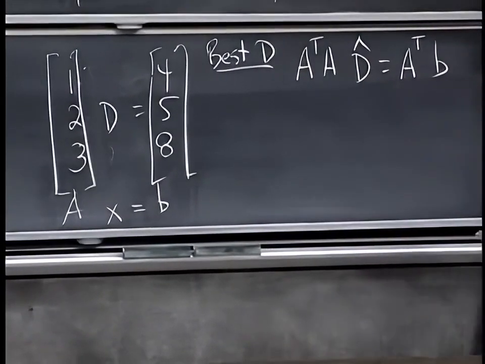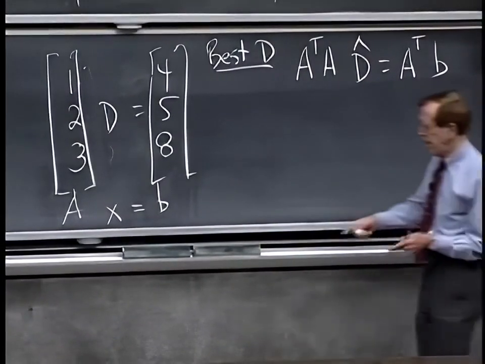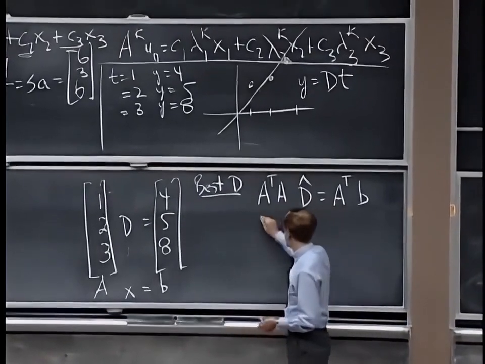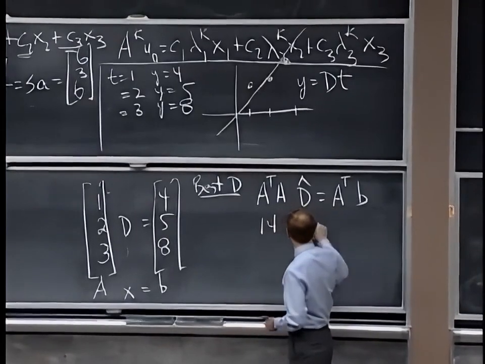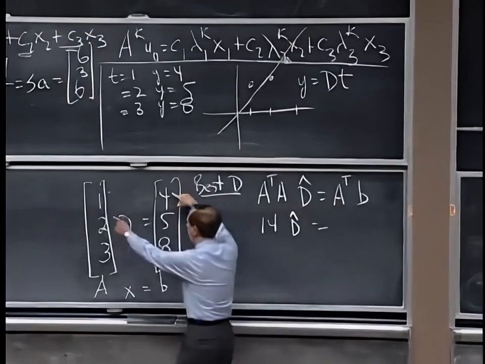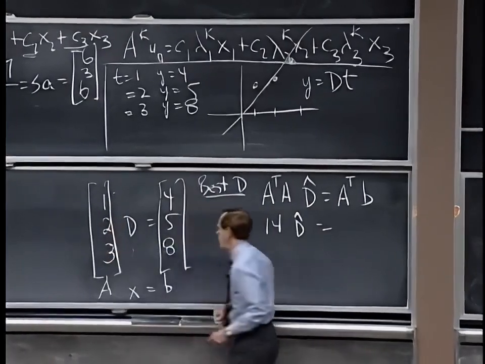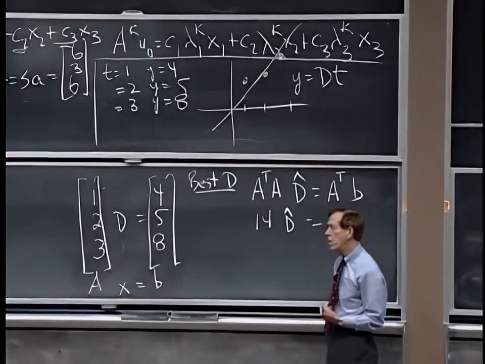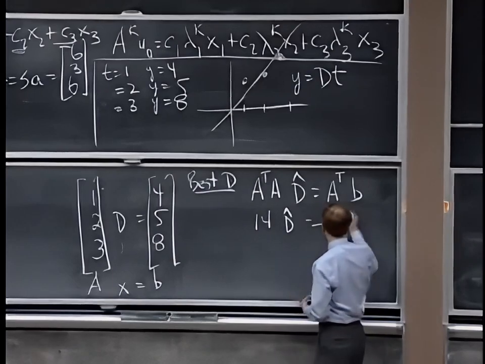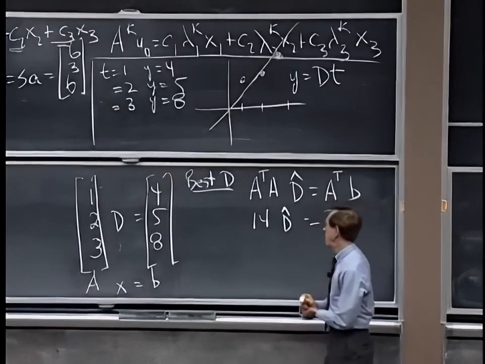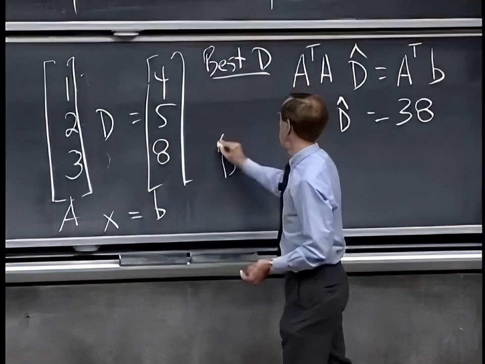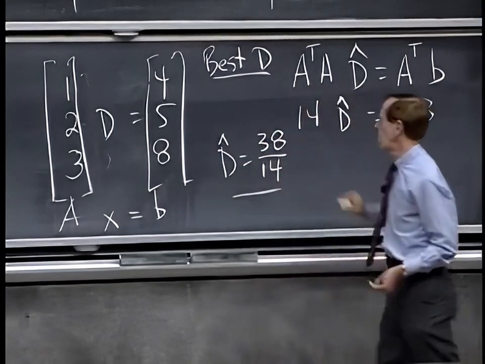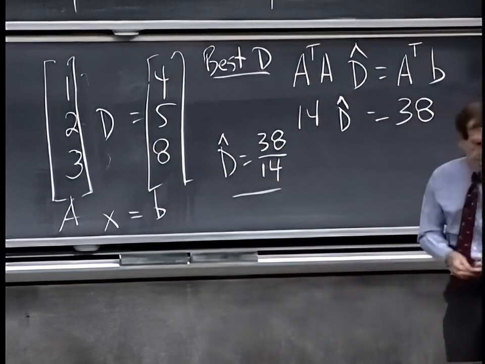This is all coming from projection on a line. Our matrix only has 1 column. So A transpose A would be 14 d hat, and A transpose b, I'm getting 4, 10, and 24. Is that right? 4, 10, and 24, so 38. So that tells me the best d hat is 38 over 14. Okay. Fine. All right.